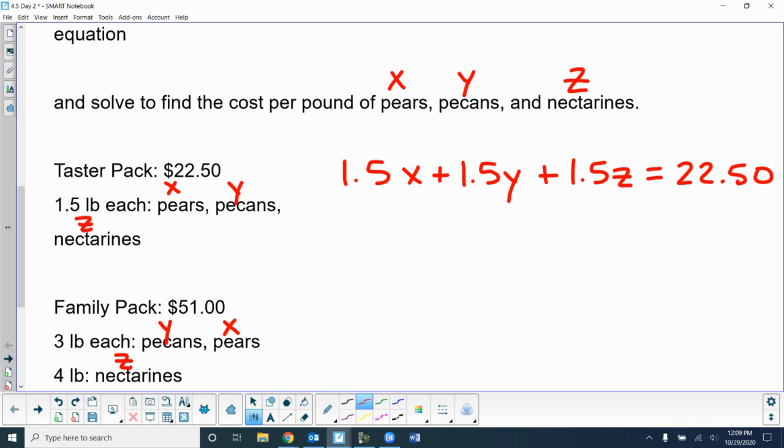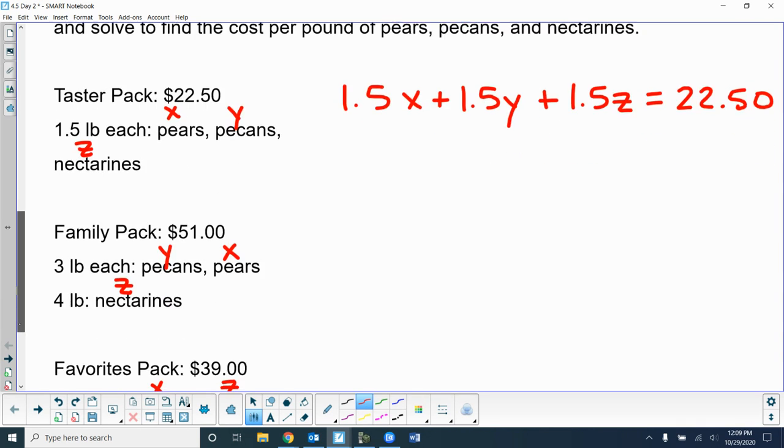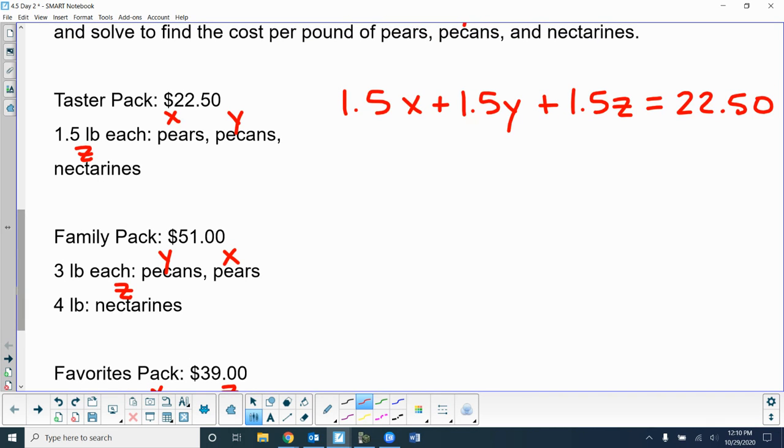All right. So the family pack is 3X. Keep stuff in the same order. Plus 3Y plus 4 pounds of nectarines was $51. Okay, remember, get everything to line up.